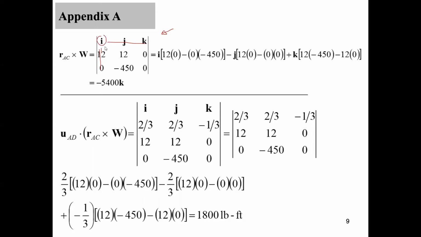Then multiply I by 12 times 0 minus 0 times negative 450. The next step, hide all elements in row 1 and in column 2 except element 1, 2, then multiply J by 12 times 0 minus 0 times 0.